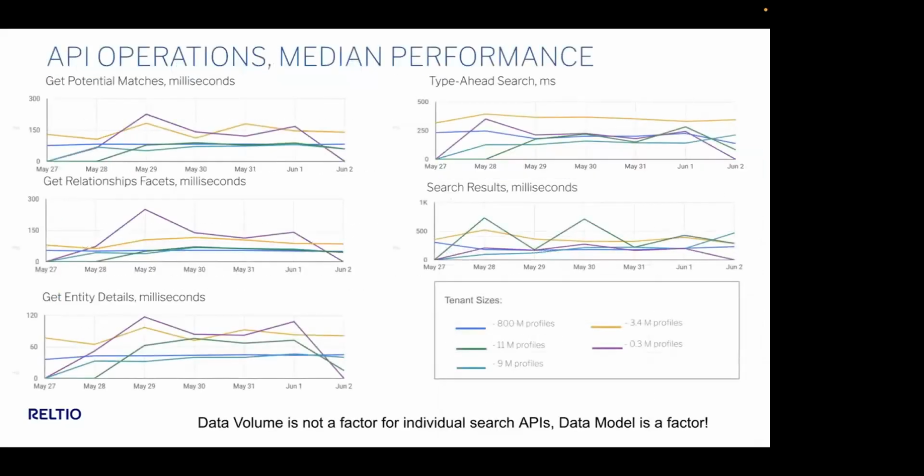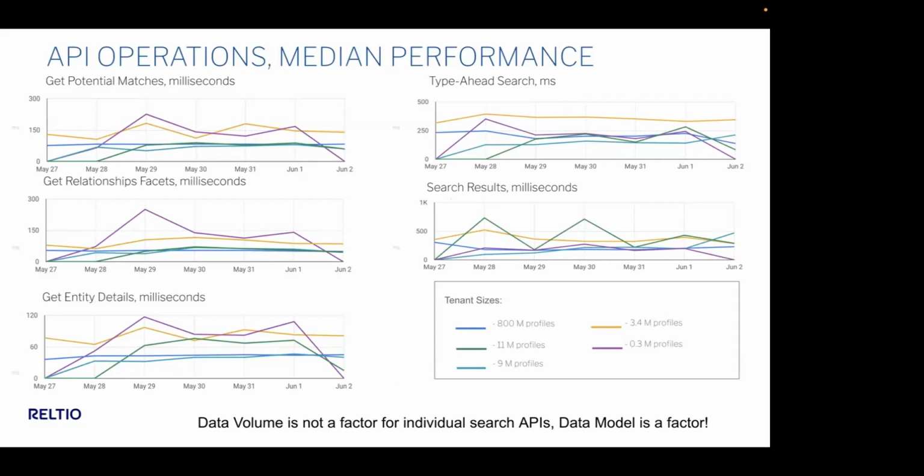Some statistics collected some time ago, for potential matches, type-ahead search, simple search results, get relationships, facets, all in milliseconds here. The only purpose of showing this slide is that you see different sizes of tenants, color coded differently, and by looking at this picture, you will understand there is no direct relationship between the size of the tenant and the latency of the searches.